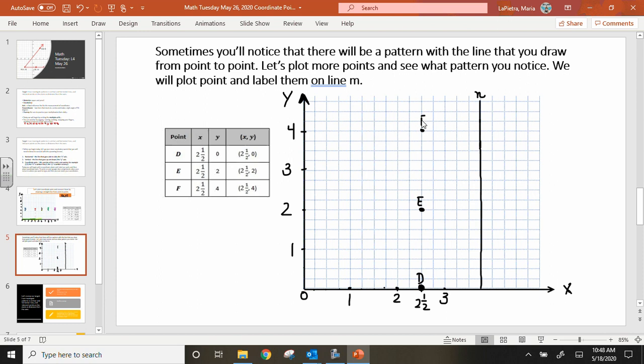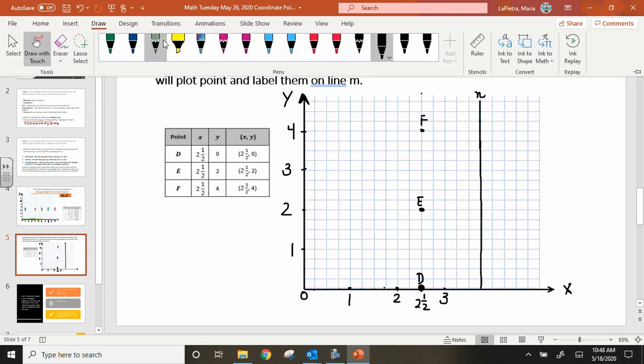Now, they said they want us to label it on line M. So this will be our line M going up and down. I will change the color for you.